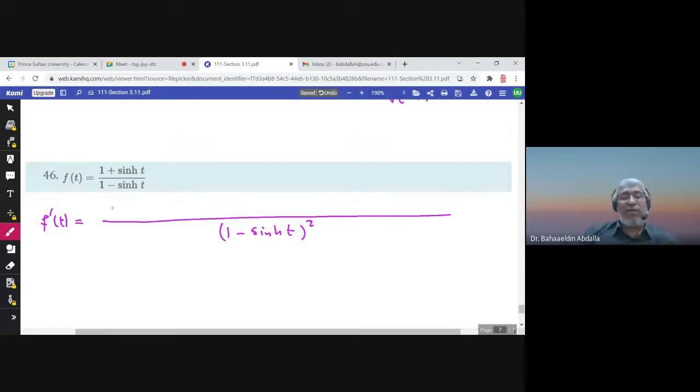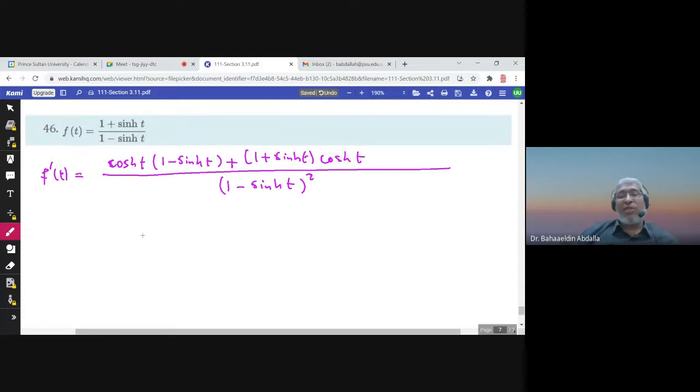Derivative of the numerator, derivative of 1 is 0, derivative of sinh is cosh, times the denominator, minus the numerator times the derivative of the denominator, which is negative. The negative I will make this positive. Derivative of sinh is positive cosh t. So this negative sign comes from this negative.